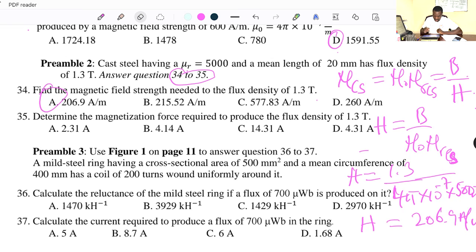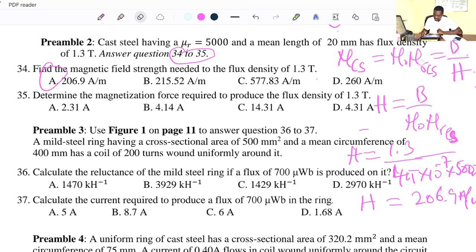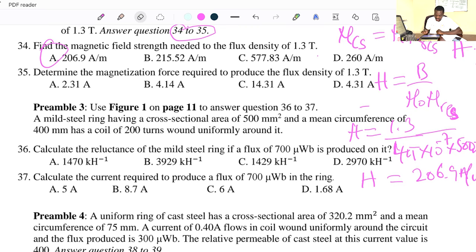Moving on, we move on to question 35. Determine the magnetization force required to produce a flux density of 1.3 Tesla. So here we are interested in the magnetization force, which is Fm, the mmf.